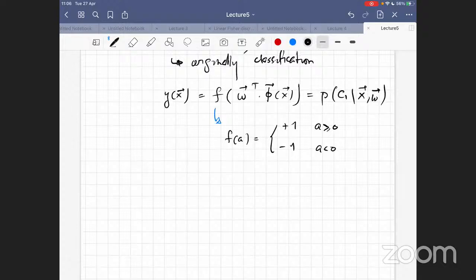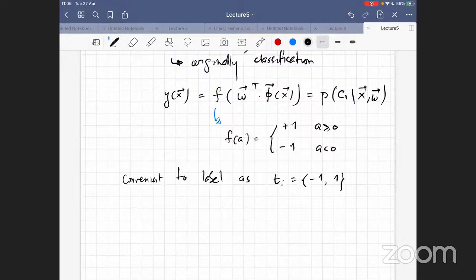And because of this choice, it is convenient to parameterize the labels of the data set, for a point i, as either -1 or 1.